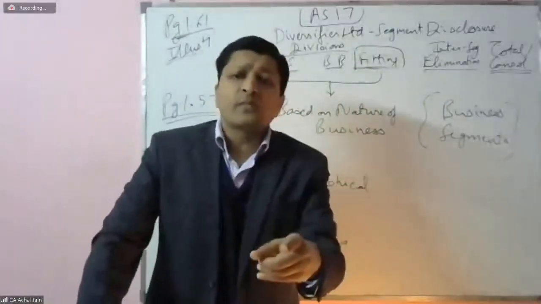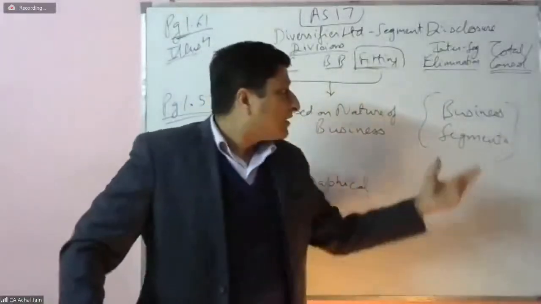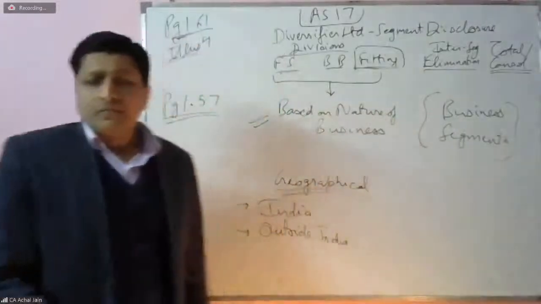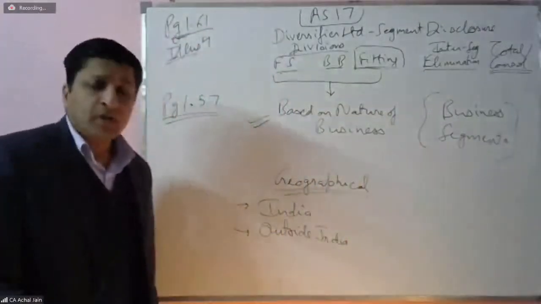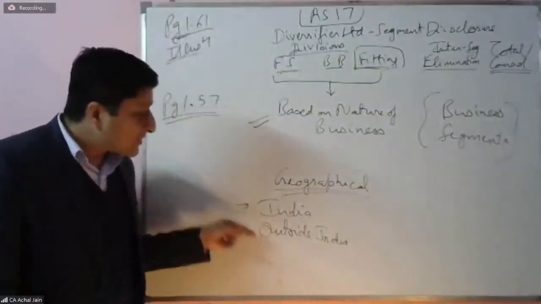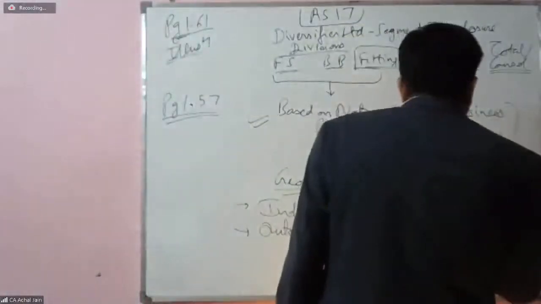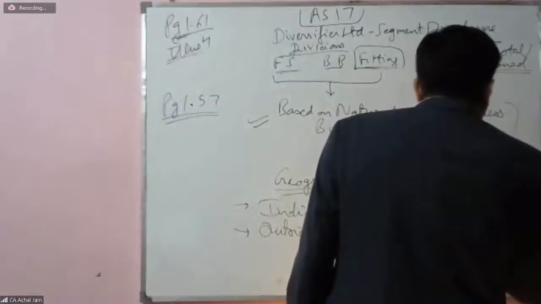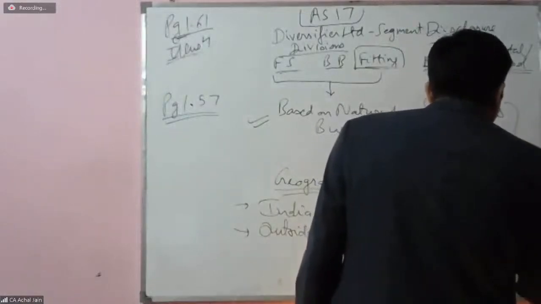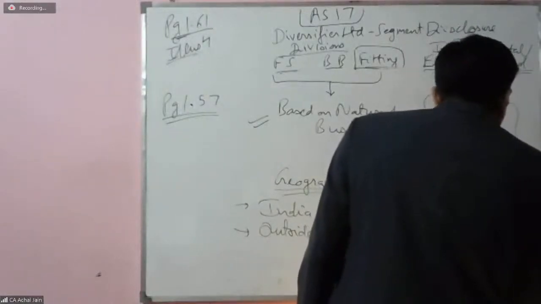Definitely they are called as reportable, but these are business segments. And in case we give the information on the basis of geographies, then what do we call those segments as? Geographical segments.